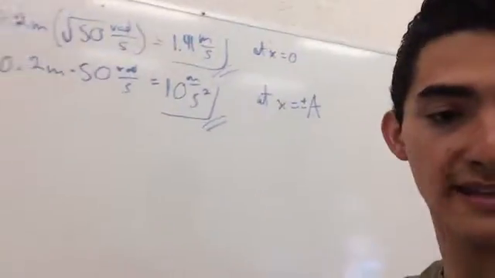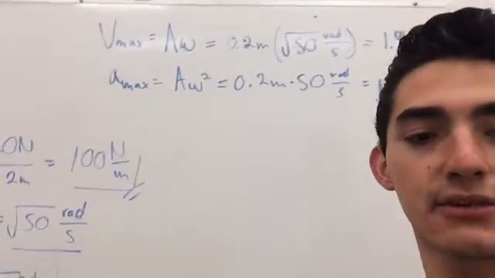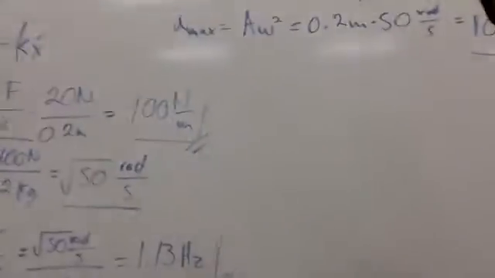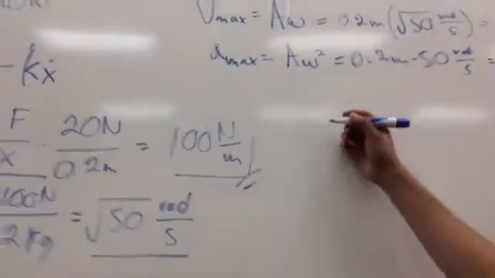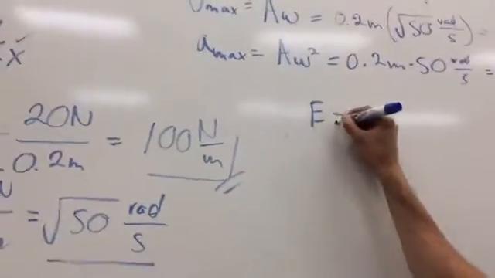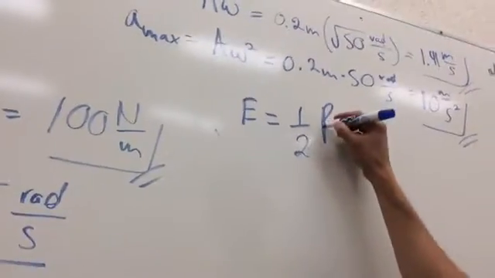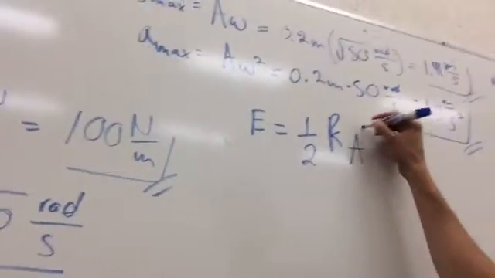After this, we are asked to calculate the total energy of the oscillating system. We know that the formula for the energy is equal to half times the constant times the amplitude squared.